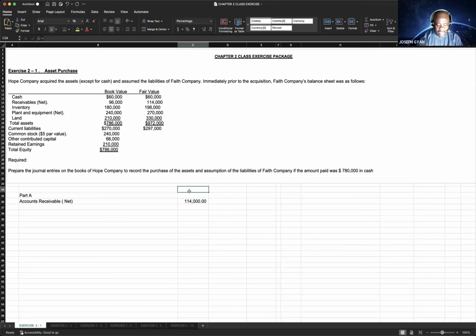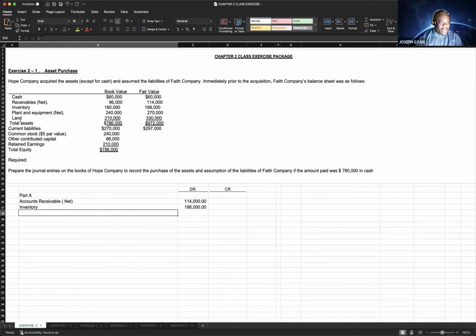By the way, this is your debit, and this is your credit. We are also debiting the inventory, which has a market value of 198,000.